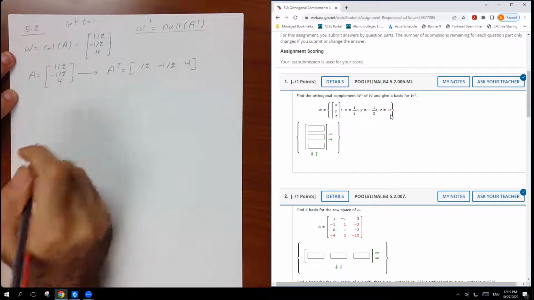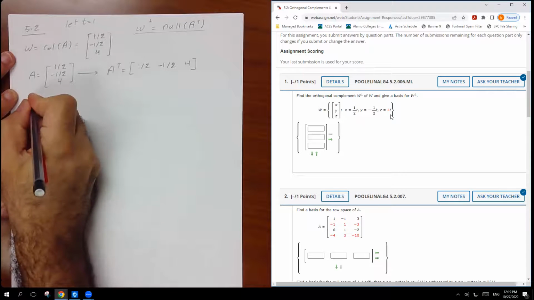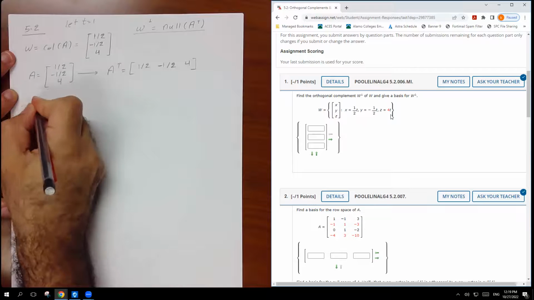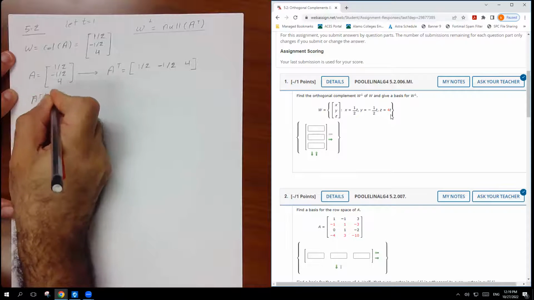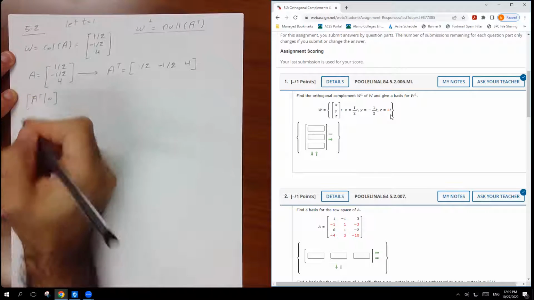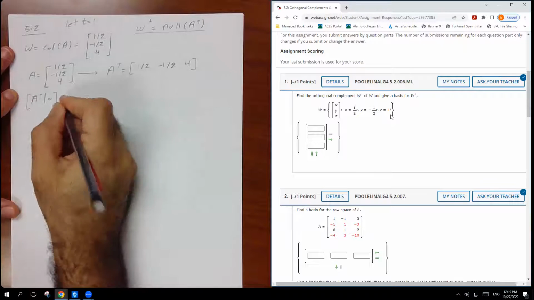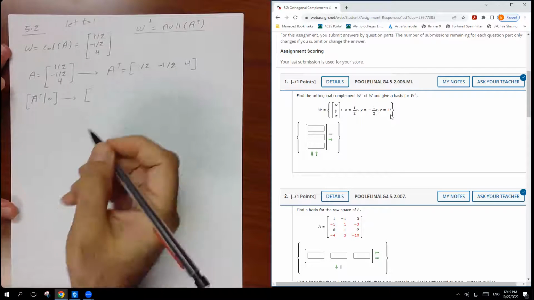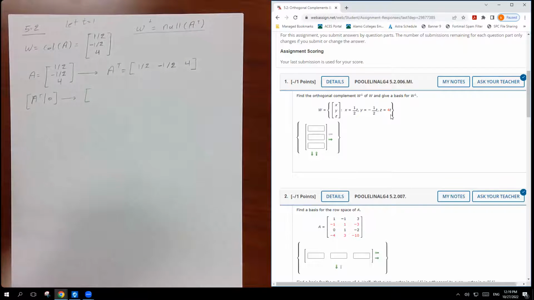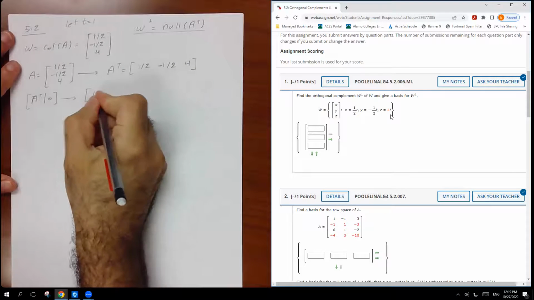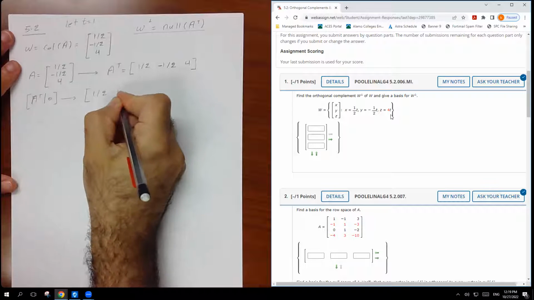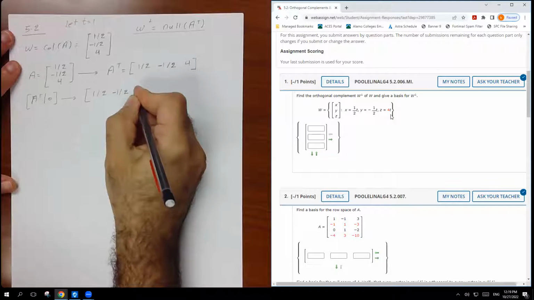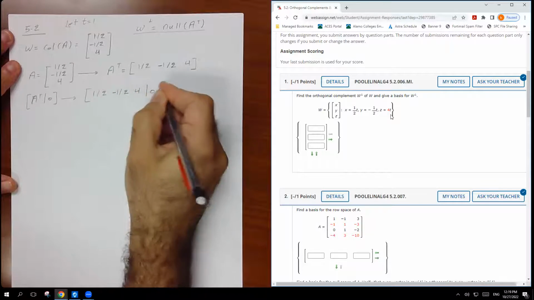If you remember how to find the null space, we're going to take A transpose and solve it. The null space is the solution for the matrix. And I have only one row with 3 columns. So it's going to be 1/2, -1/2, and 4 with the 0.